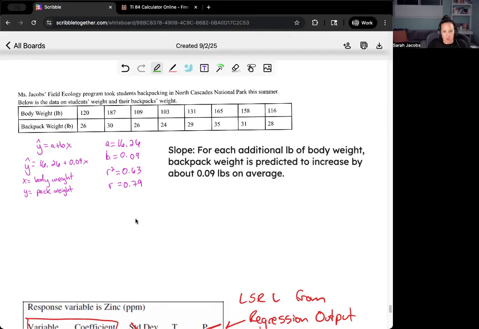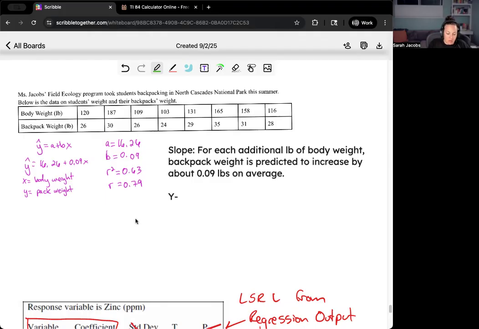Very, very qualified. I said it's predicted. I said it's on average. I said it's about. All of those things are letting an AP reader know that this is a predicted value. It's not set in stone.